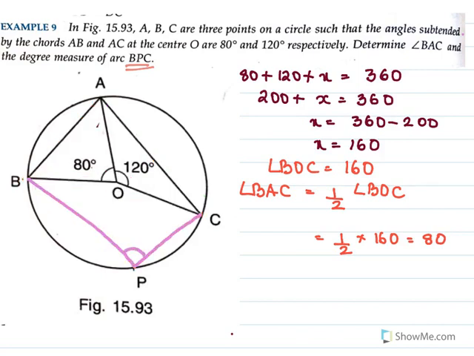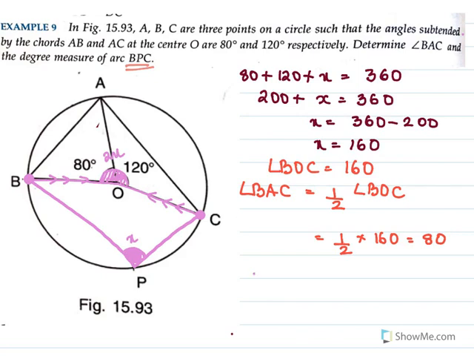Now to find BPC, this is the angle at the circle. We've got to mark the angle at the center. So from B and P we go to the center. So we have this angle here, and from C also you go to the center, you get this angle. So this is the angle at the center, which will be double. You know, if this is x, this will be 2x.